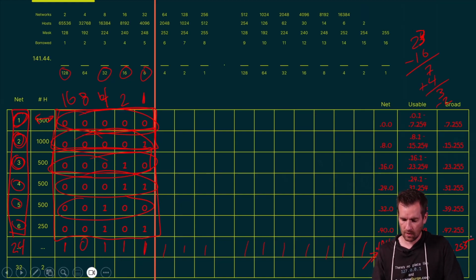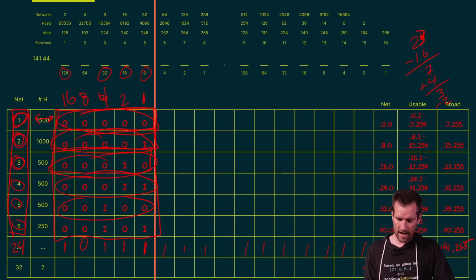Now the usable host range is going to be anywhere from .184.1 through .191.254. So there's my answer.